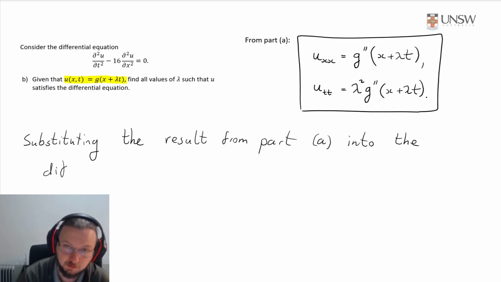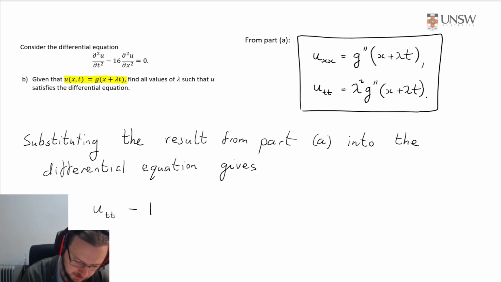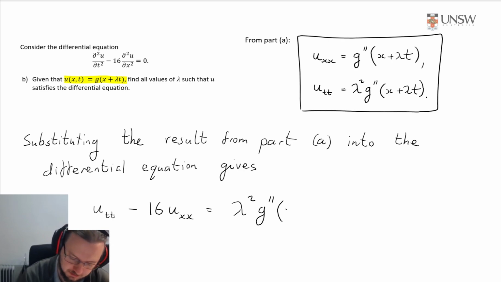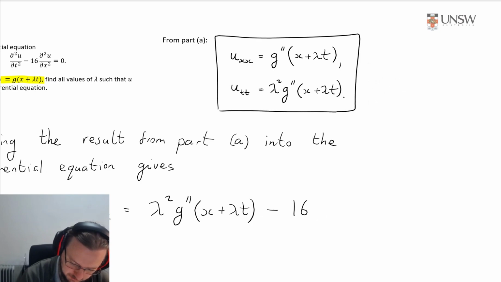Substituting the result from part A into the differential equation just gives U_TT minus 16 U_XX. Well, U_TT is apparently lambda squared times the second derivative of our function g at x plus lambda t, minus 16 times the second derivative of our function g at x plus lambda t.